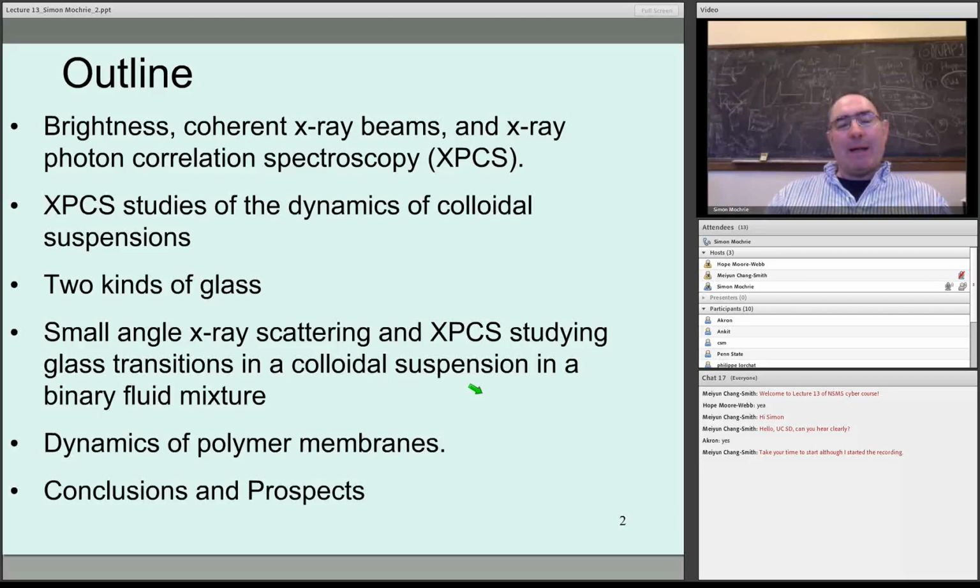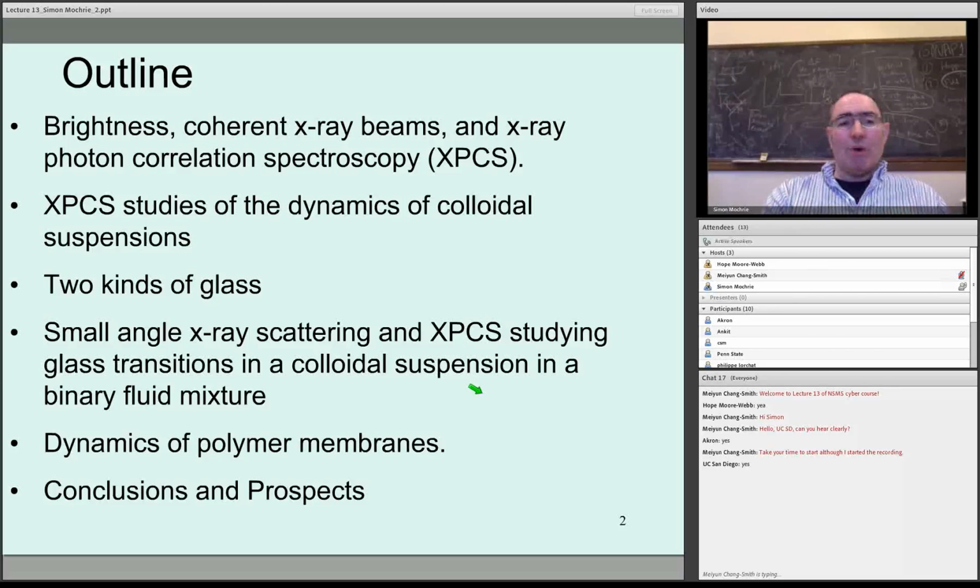The number of coherent photons that you have in your beam directly depends on the brightness of your X-ray source. And so XPCS is a technique that really relies on very bright X-ray beams, such as are available at third and fourth generation synchrotrons.